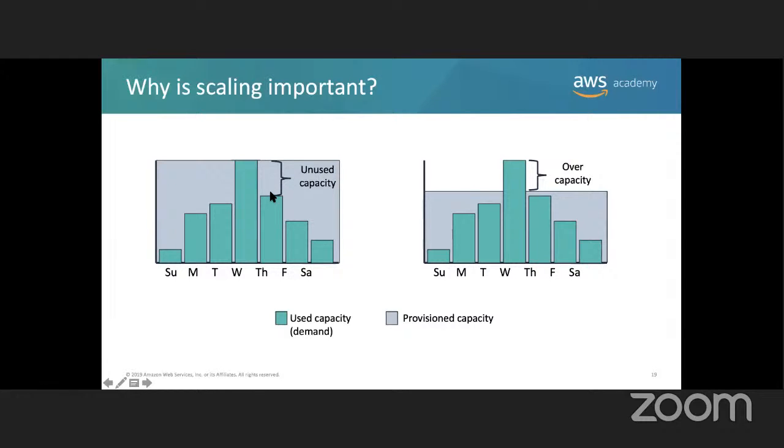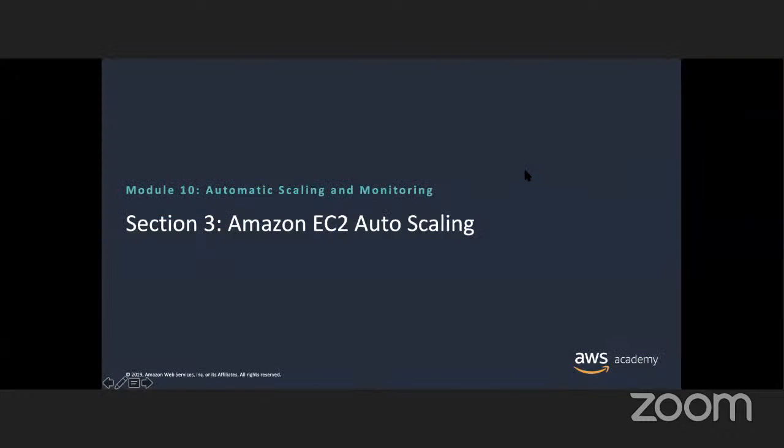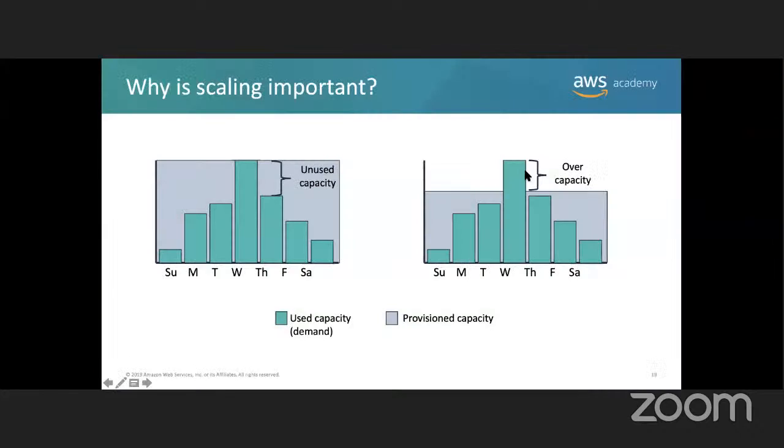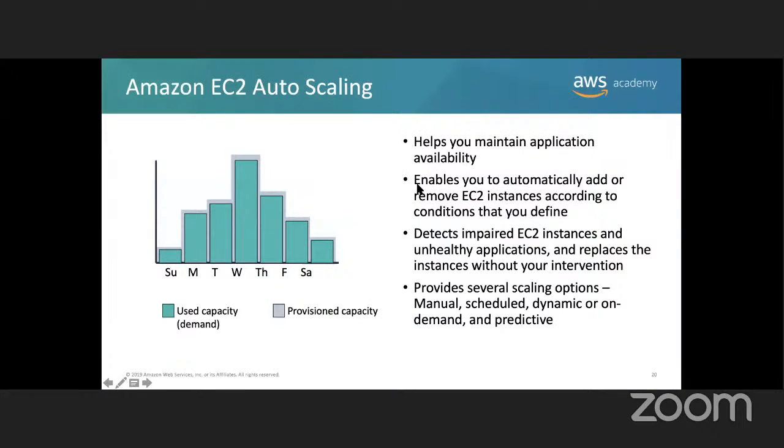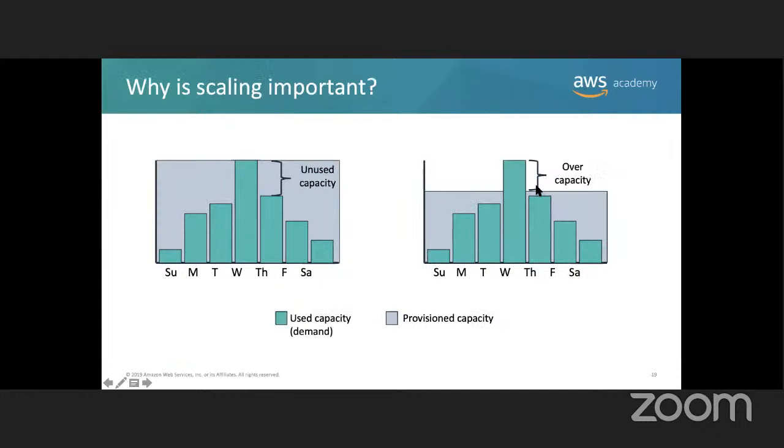Okay, so you see here that Wednesday has a big usage here, and then on Thursday it has a smaller one, so that's unused capacity, right? Now with this, this is overcapacity. Okay, so that's the other end that we don't want. So this is what happens on-premises, right? You may be under provisioned or over provisioned, and we don't want that.